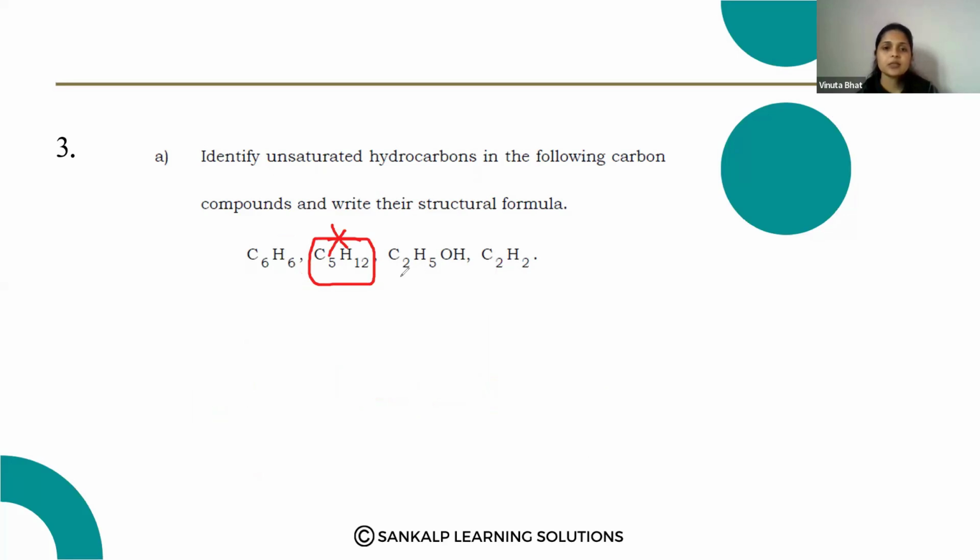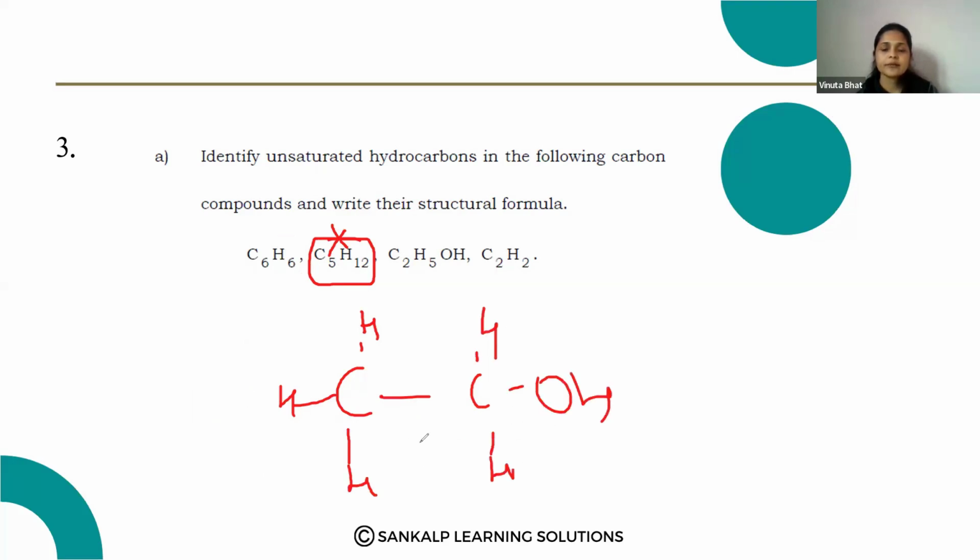And let's check C2H5OH: C2H5 with an OH group. So this is the alcohol, ethanol. It is also not an unsaturated hydrocarbon. C2H5OH is also a wrong one.